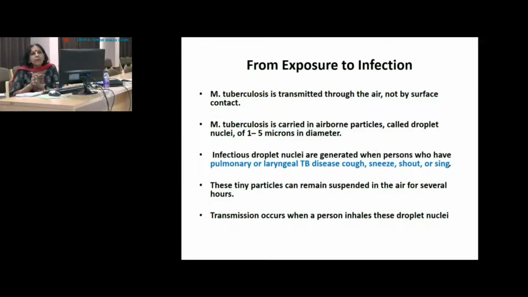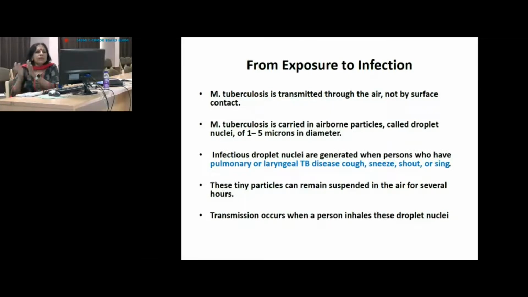Basically, every time a person who has pulmonary or sometimes laryngeal TB coughs, sneezes, shouts or sings, he or she is throwing out infectious droplet nuclei into the air around him. Some of these particles, which are 1 to 5 microns in diameter, remain airborne for a long time, for several hours.